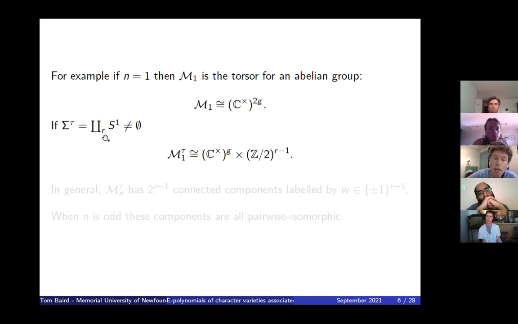Okay, so if you have a 2-manifold and you have an orientation reversing involution, the fixed point set will be a 1-dimensional compact manifold, so it has to be a union of circles, and it's just a matter of counting how many of those there are. And here, this will again be a torsor for a group, and this is the group.